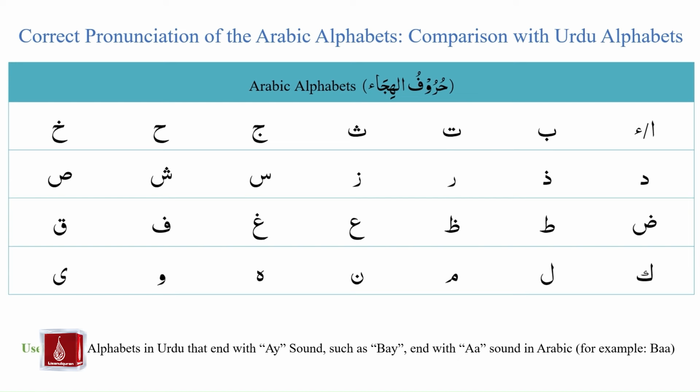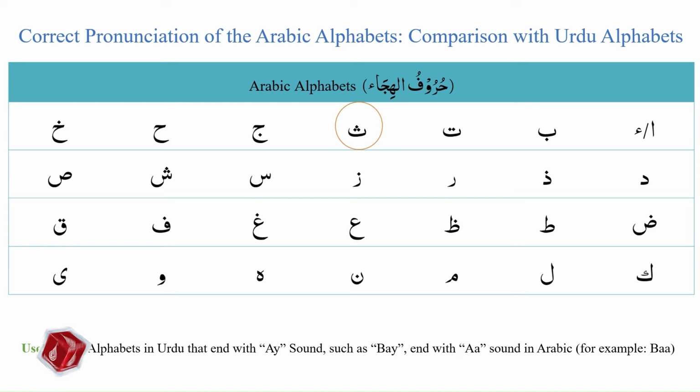A useful hint here is that the alphabets in Urdu that end with the a sound, such as be or te, end with the a sound in Arabic. For example, be becomes ba, and te becomes ta.